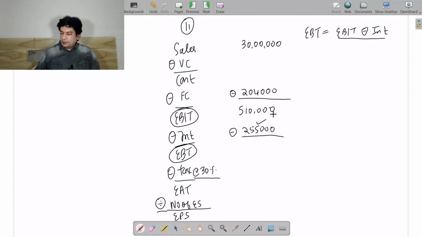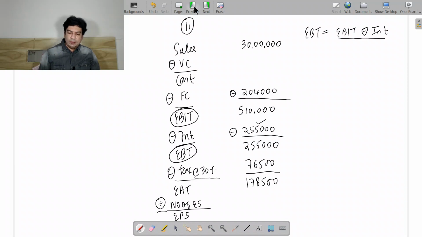Now 5,10,000 minus 2,55,000, so here I am getting 2,55,000. On this 2,55,000 there is 30% tax, which is 76,500. Finally, I have 1,78,500 as my EAT, earning after tax.